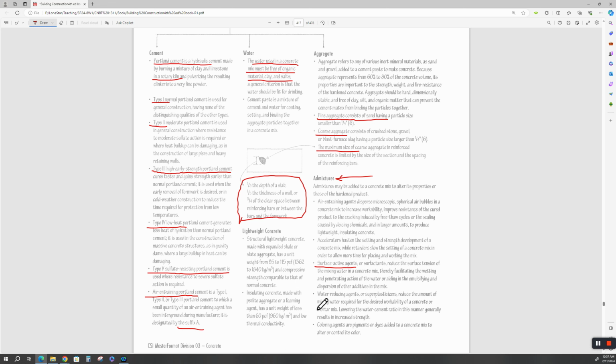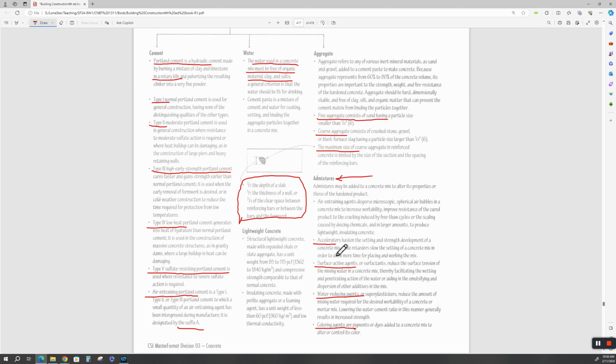Okay, water reducing agents, and we've got coloring agents. These are pigments or dyes added to a concrete mix to alter or control its color. And I don't get all freaky about the color stuff, because controlling colored concrete is an art unto itself, not a science.